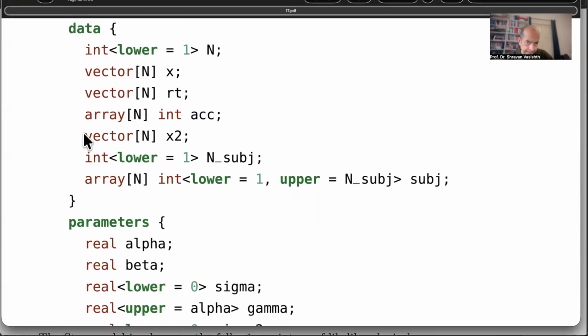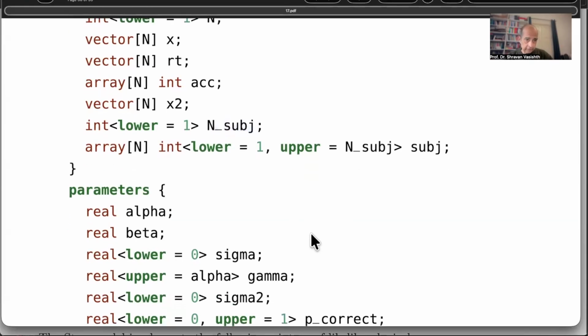And then you've got the number of subjects needed for the hierarchical structure, because you need to look up in the U matrix which subject you're talking about, since that will determine the adjustment term for that subject.